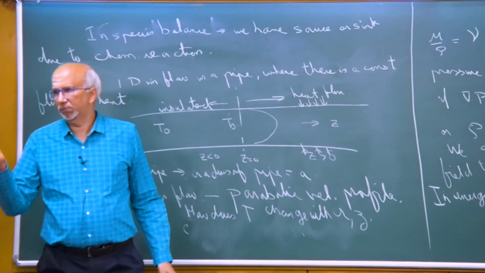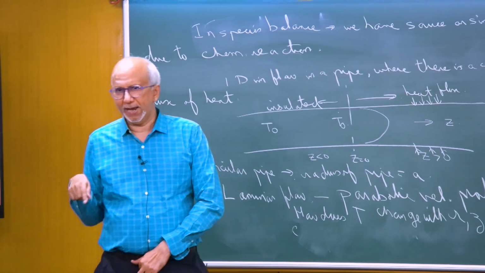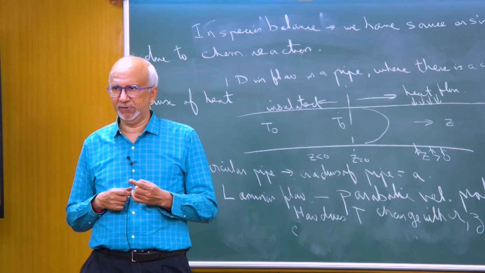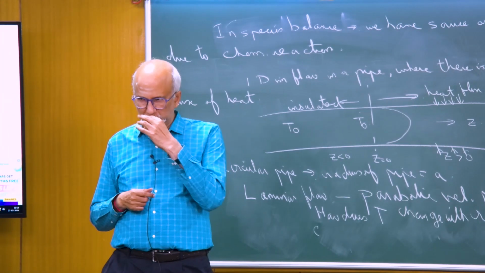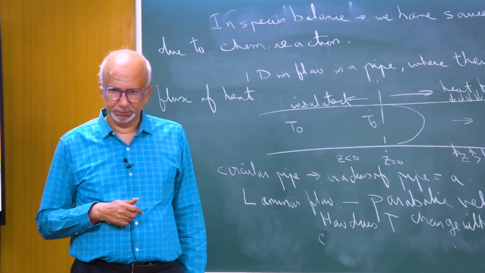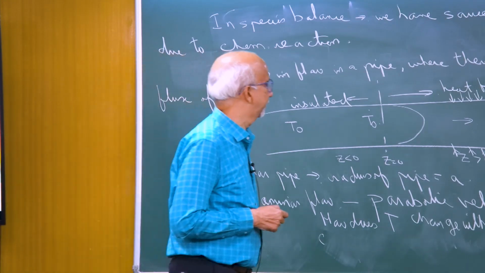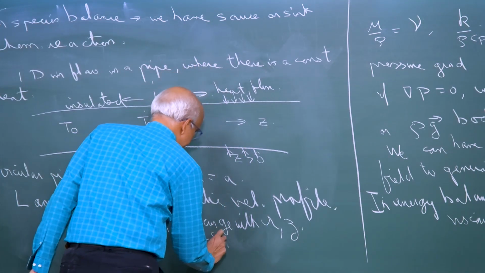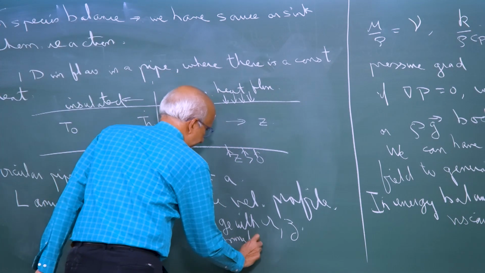To keep life simple, I am assuming that things are axisymmetric, so there is no theta dependency. That is the reason I am not putting theta; otherwise, in cylindrical coordinates, you will have all 3 variables r, theta and z. I am just forgetting about theta for now. So, basically we are saying theta symmetry.